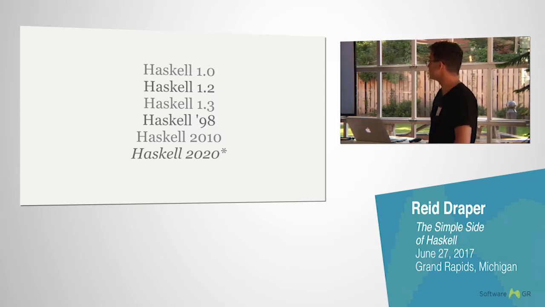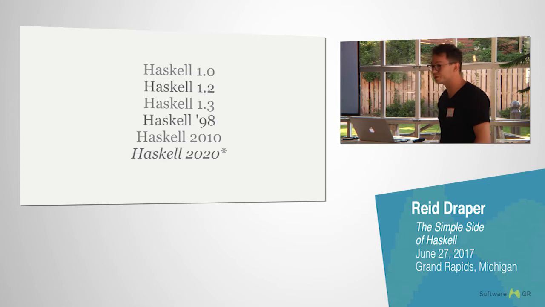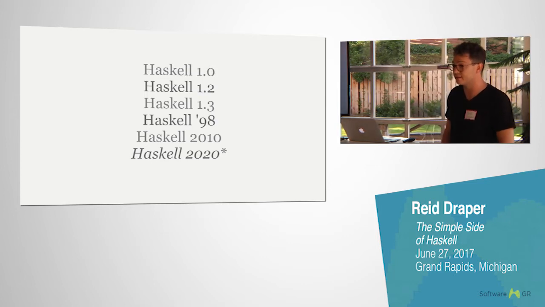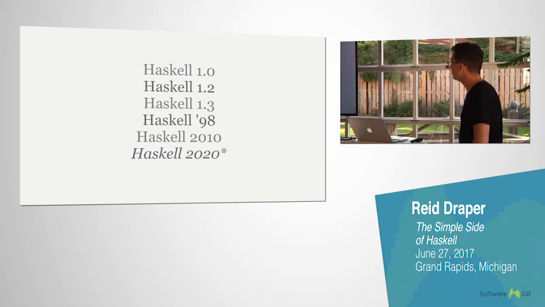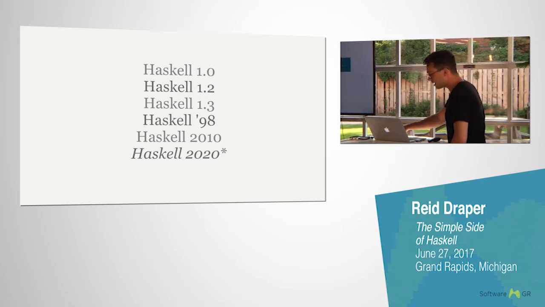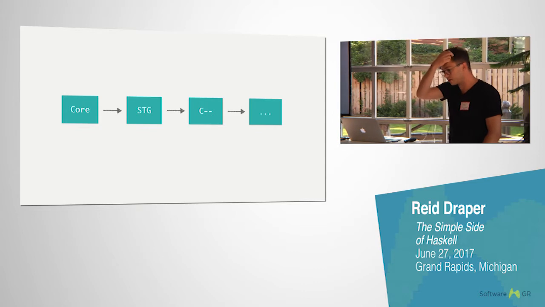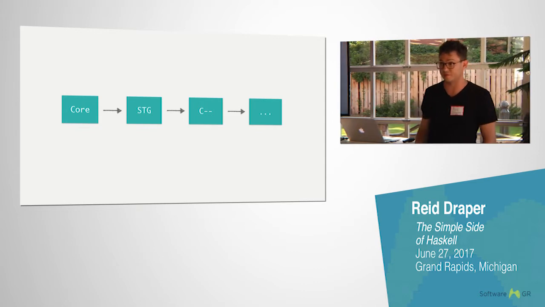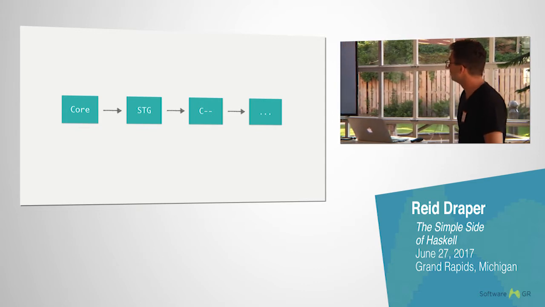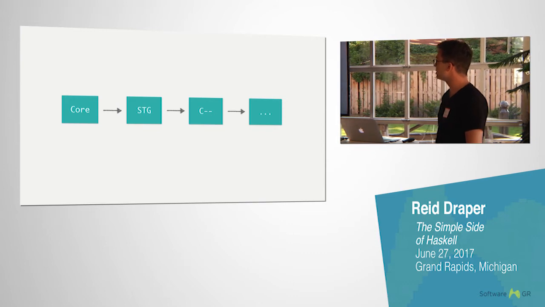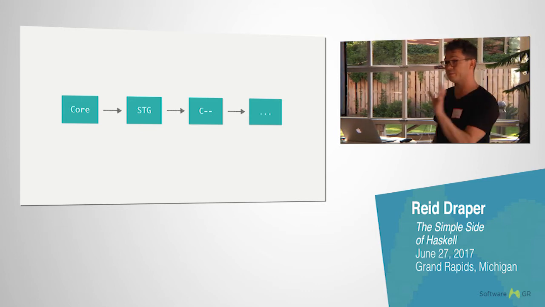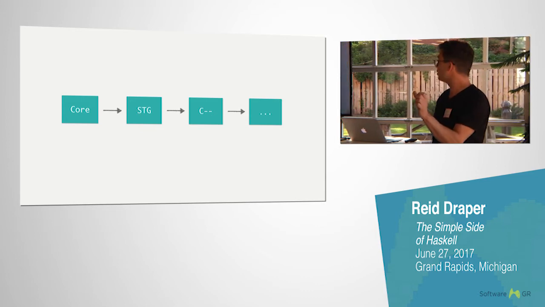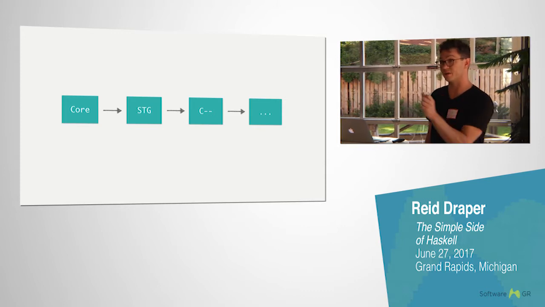The standard has evolved over time. The most recent one is Haskell 2010, and there's a committee that's working on Haskell 2020 right now. And Haskell has phases of compilation. This is going to make a little more sense in a second, but you write your Haskell code, and then it compiles down to a simpler language called Core, which then gets compiled down to something called STG.